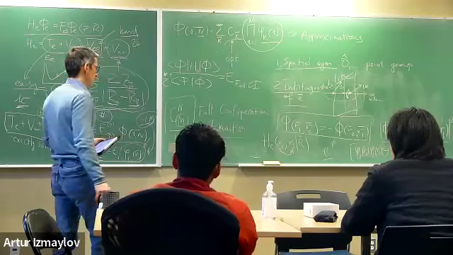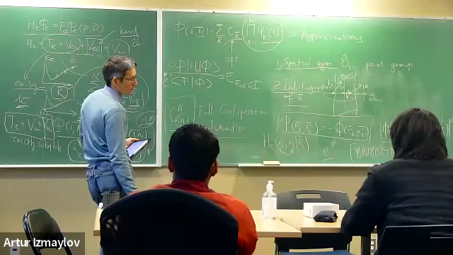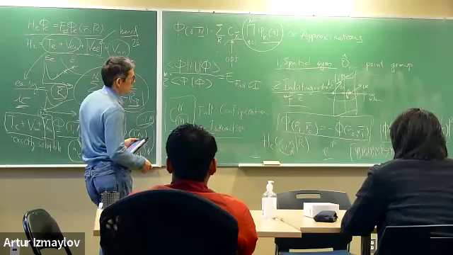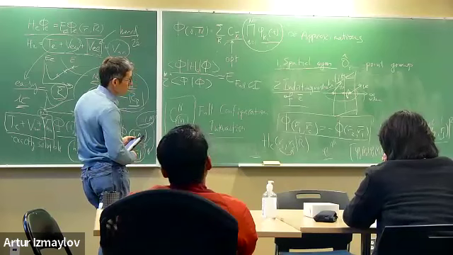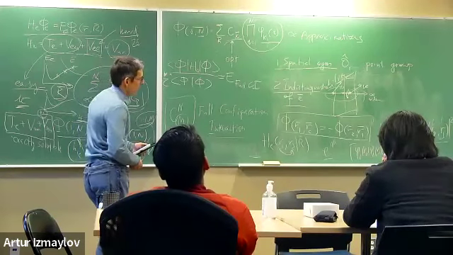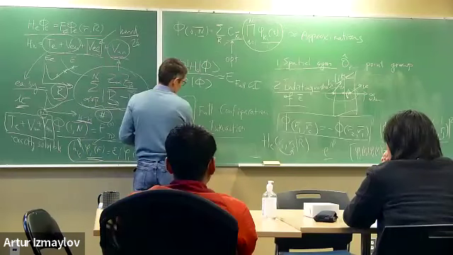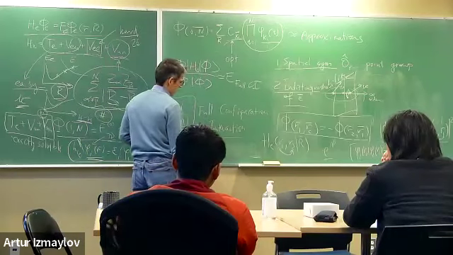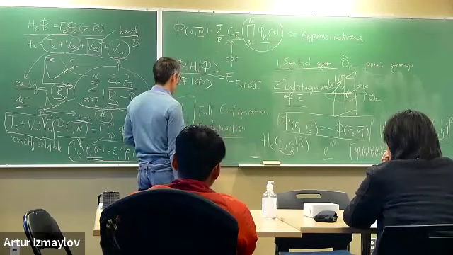Okay. So then it doesn't matter. We will obtain one of those. Yeah. Oh, actually, it does matter, because if you don't do that, you will violate the Pauli exclusion principle, right?